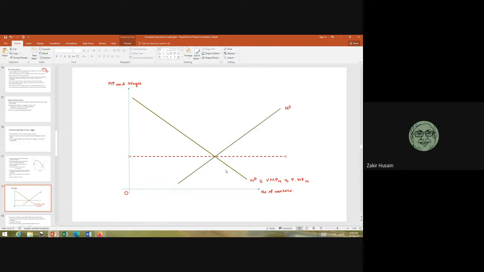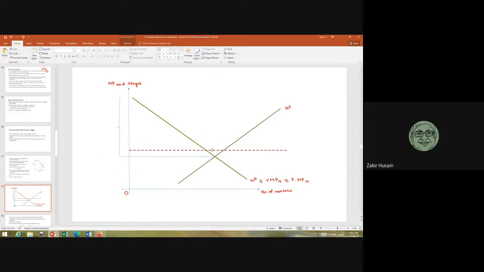So if you're talking about downward rigid money wages, you're talking about this part, the part above.